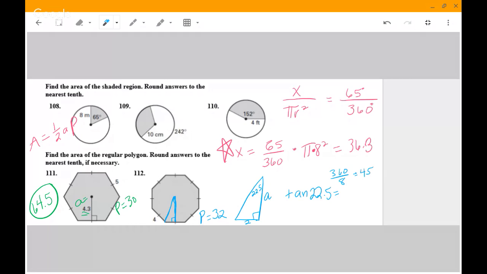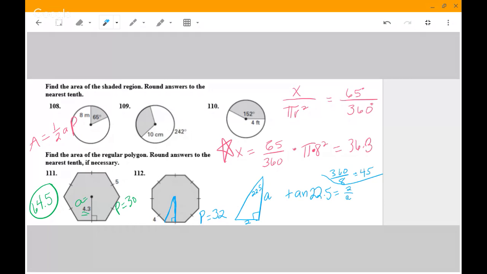0.414213562. Oh, did you punch that in the calculator? I was setting up my equation. Sorry. Oh, well, if we're setting up the equation, then it would be equals 2 over the x or the apothem.